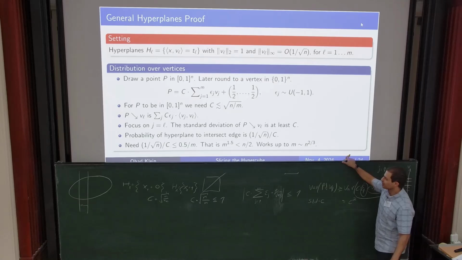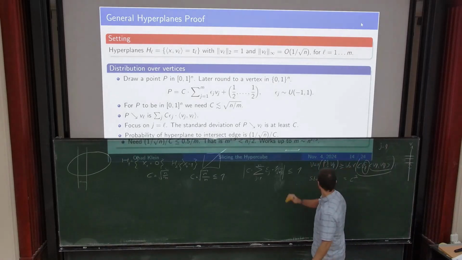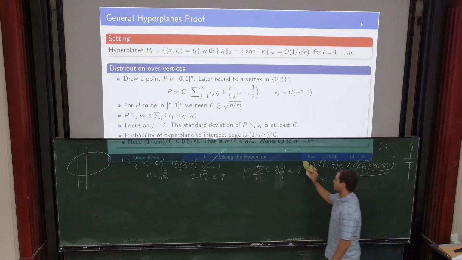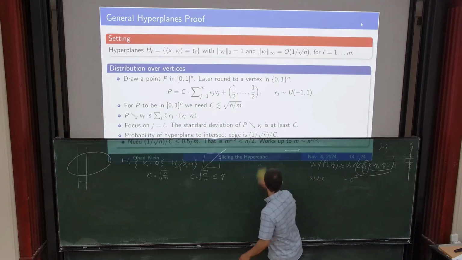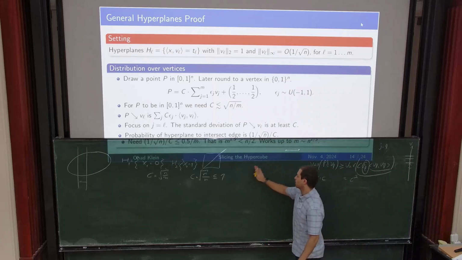Okay, so let us just finish the argument. We have an interval of length 1 over square root of n.